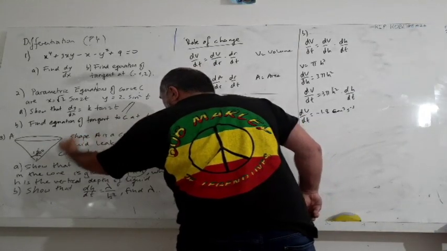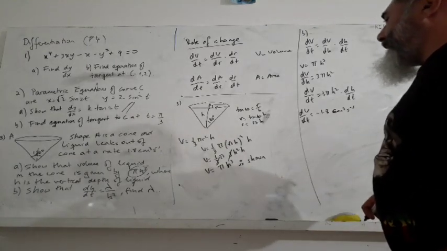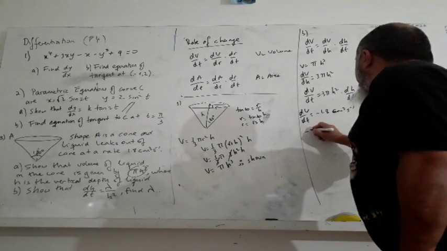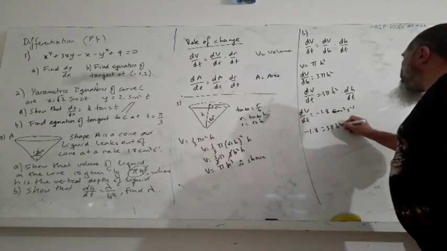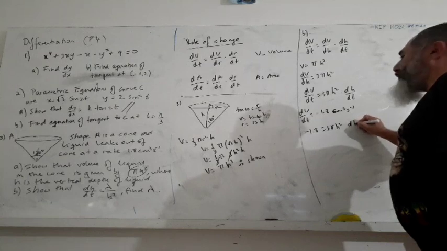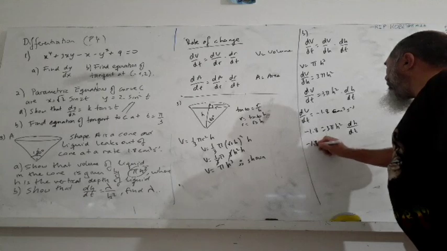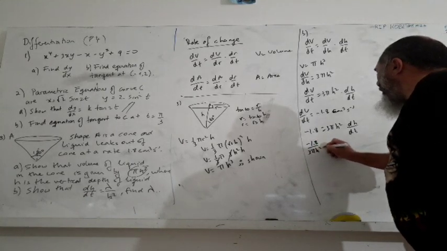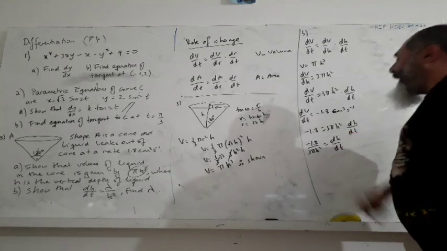Let's substitute that. Minus 1.8 equals 3 pi h squared dh over dt. So minus 1.8 over 3 pi h squared is equal to dh over dt, and that's lambda, the constant there.